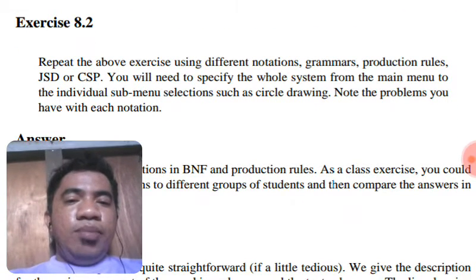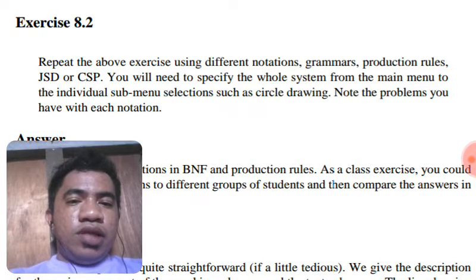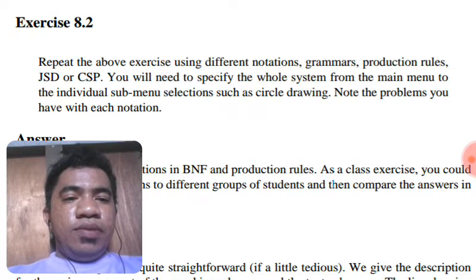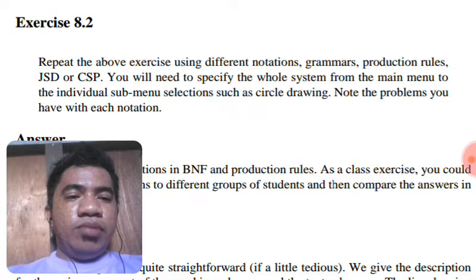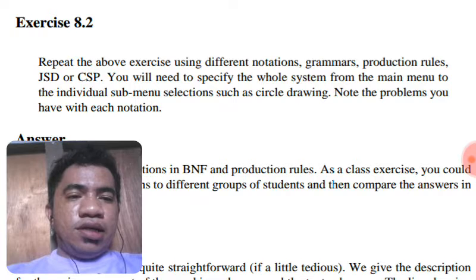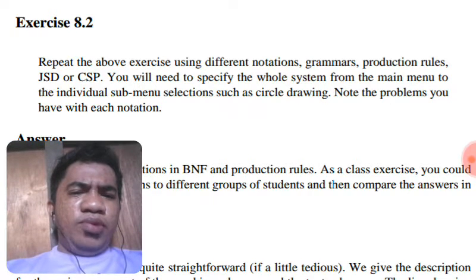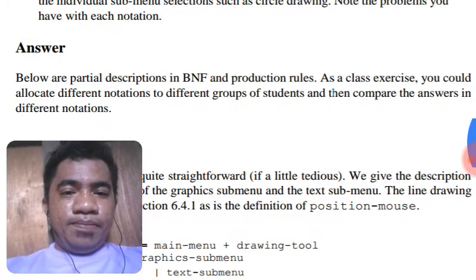Exercise 8.2. Repeat the above exercise using different notations: grammar, production rules, GSD or GSP. You will need to specify the whole system from the main menu to the individual submenu selections, such as the drawing cycle. Note the problems you have with each notation.